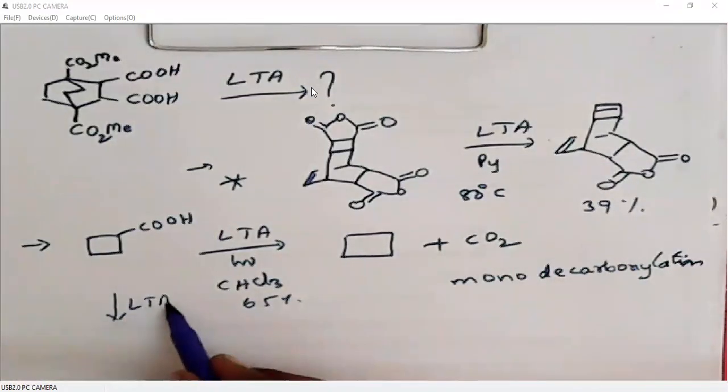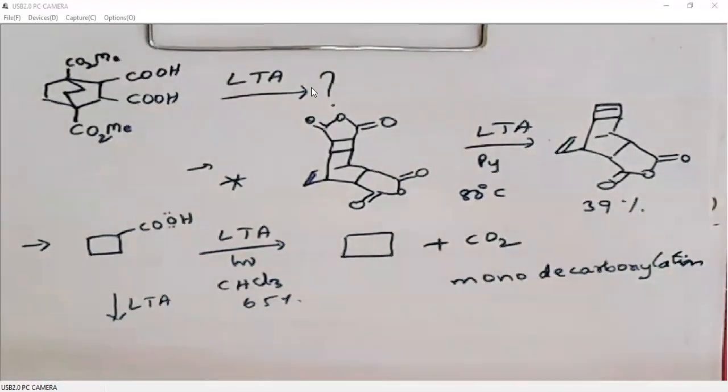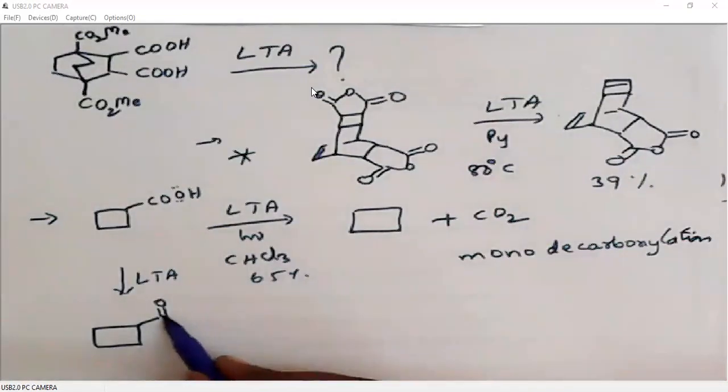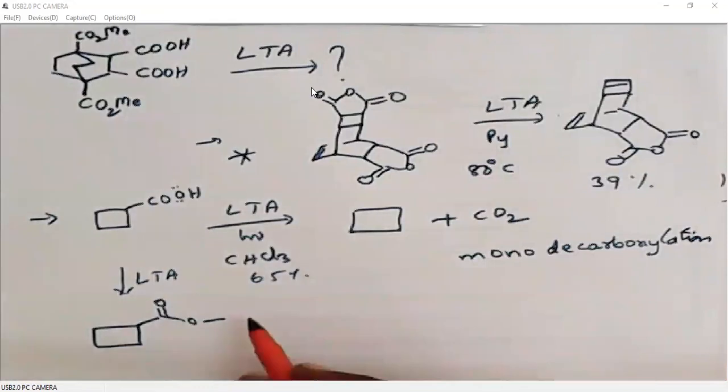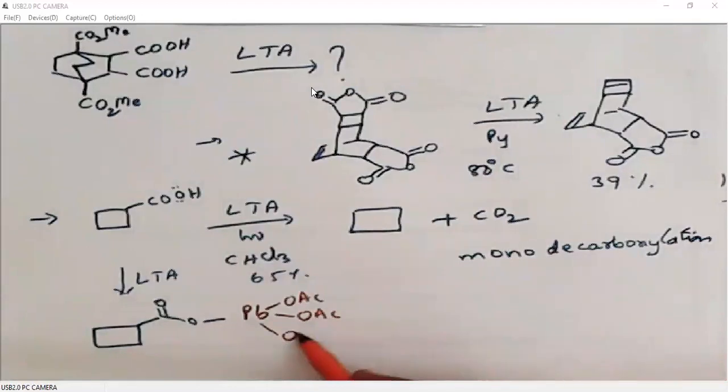First, when LTA reacts with the carboxylic acid, this oxygen of the OH will attack lead tetraacetate. So it generates lead triacetate, and we will be losing one acetic acid molecule, this H and one OAc from lead tetraacetate.